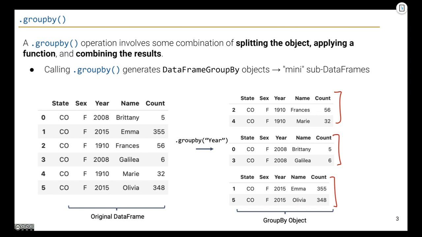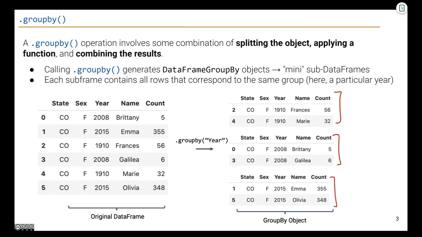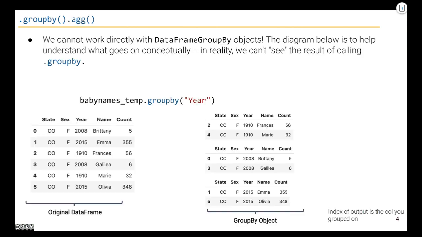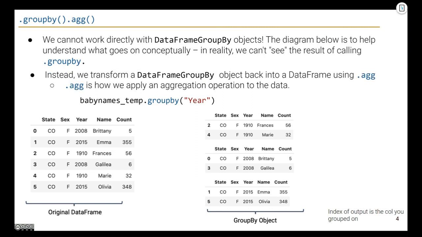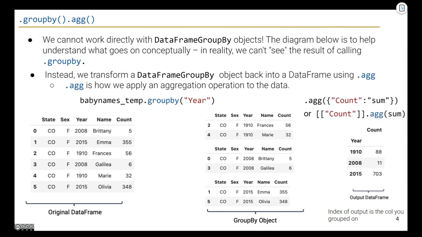In order to actually get an output, we have to choose some way to aggregate each of these sub data frames. So on the next slide, here we've got baby names.groupby year. And now if I aggregate, in this case, I can aggregate by summing the count column.